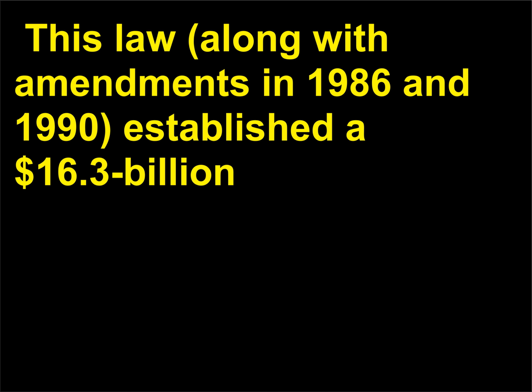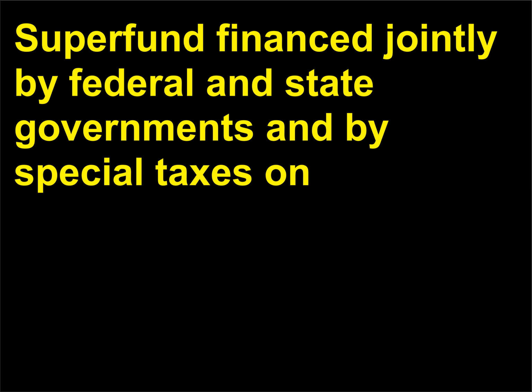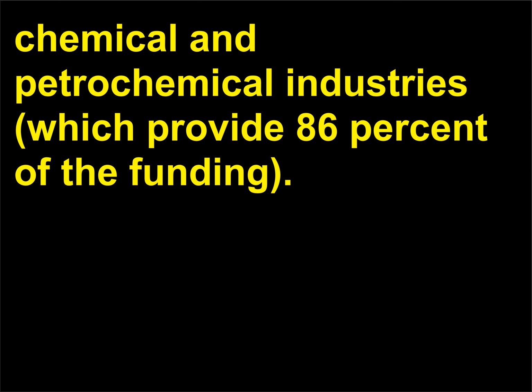This law, along with amendments in 1986 and 1990, established a $16.3 billion Superfund financed jointly by federal and state governments and by special taxes on chemical and petrochemical industries, which provide 86% of the funding.